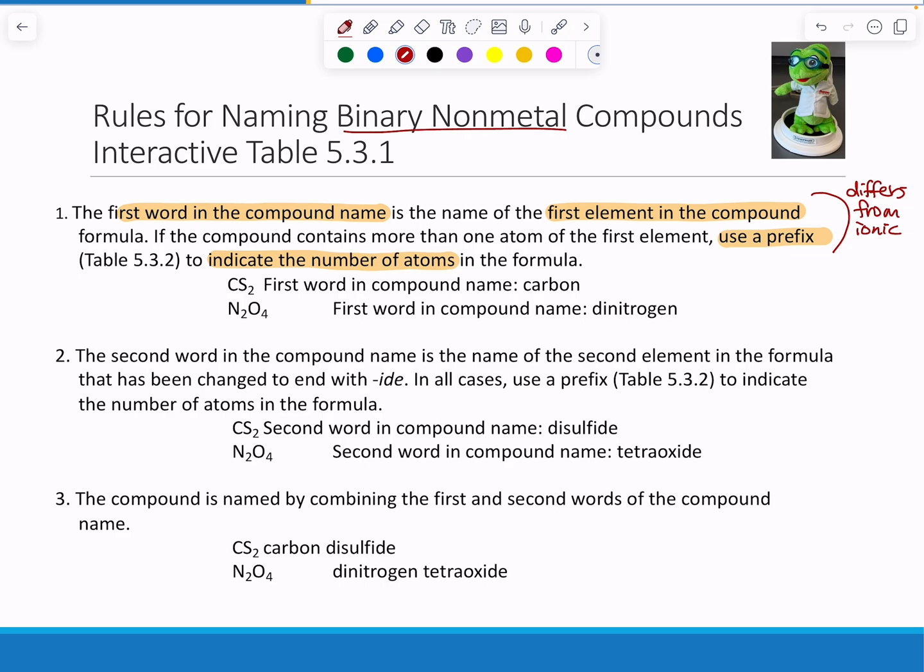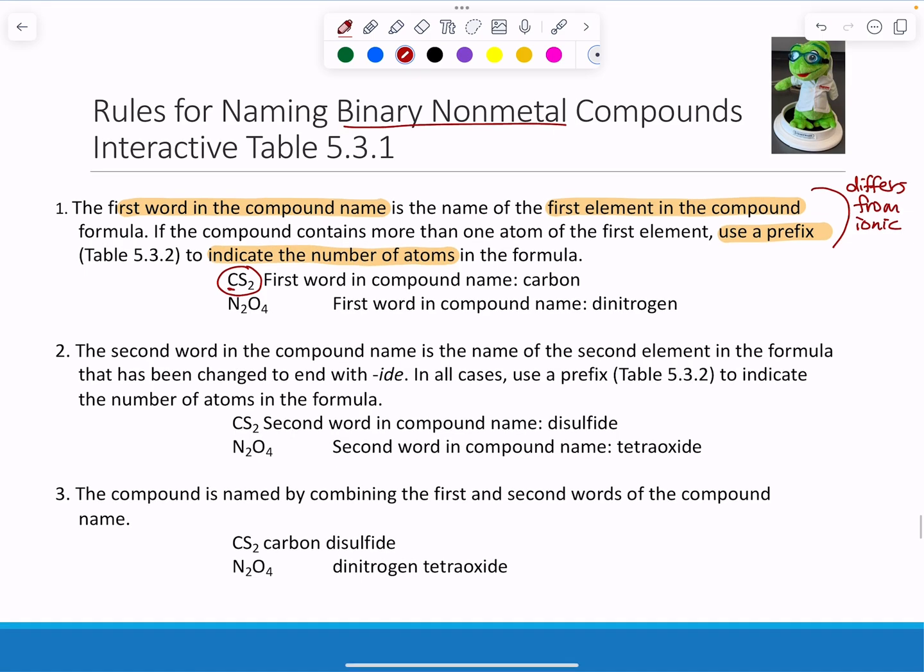So we have this compound here. The first word in the compound name is carbon. There's only one carbon there. In the second compound, the first element is nitrogen, but there are two of them. And so we would use the prefix di to indicate that there are two nitrogen atoms.